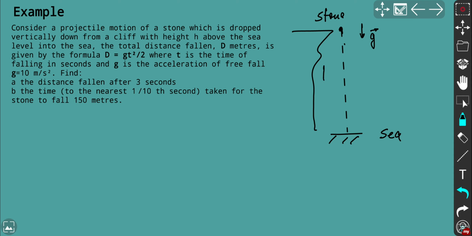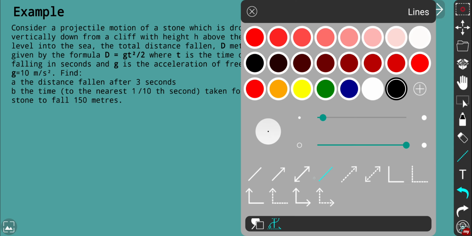That's the initial height, or it can be the height at any level, depending on the time. It started off when time is equal to 0, then falls down. Okay, let's see what we have. We have d meters, the total distance of the fall, measured from that point up to any point during the fall.